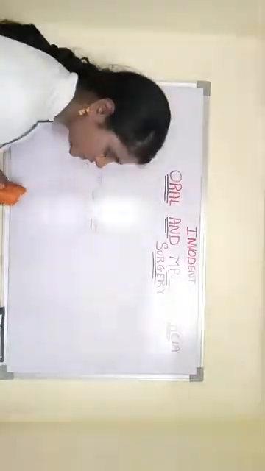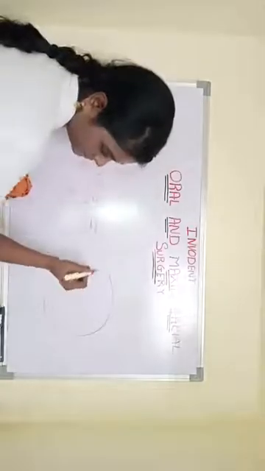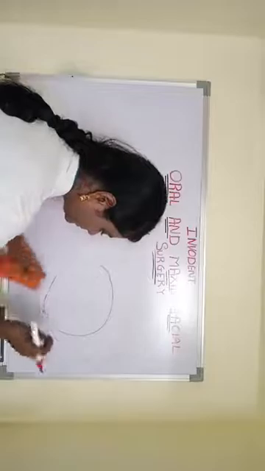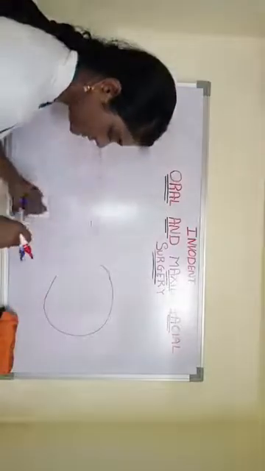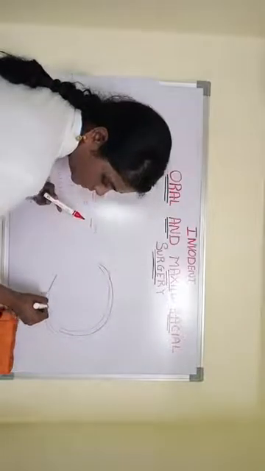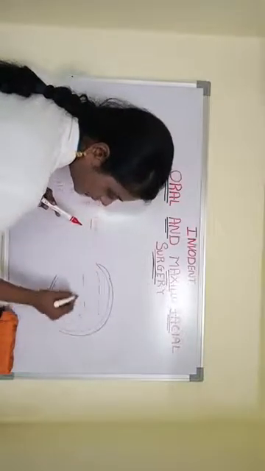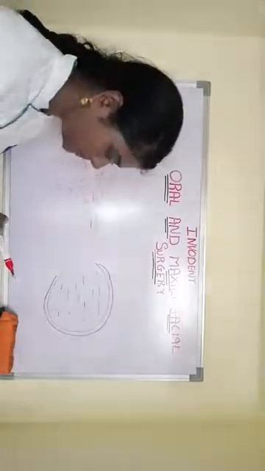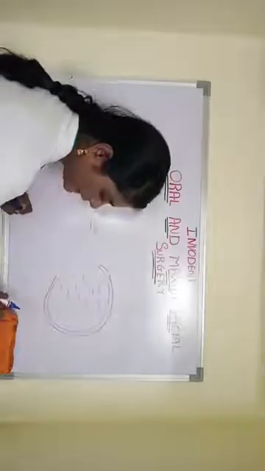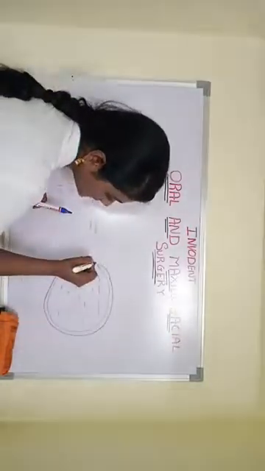What is enucleation? If you think this is the cyst and this is the cystic lining, and this is all cystic contents, enucleation means removing the entire cyst with its cystic lining.